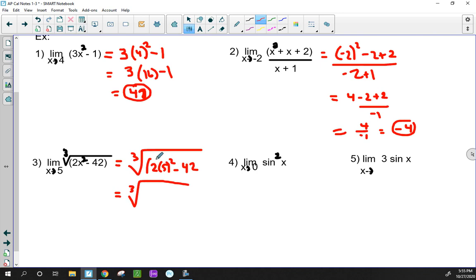Alright, let's see here. 5 squared is 25, so we're looking at 2 times 25 minus 42, and all of that's underneath the radical.